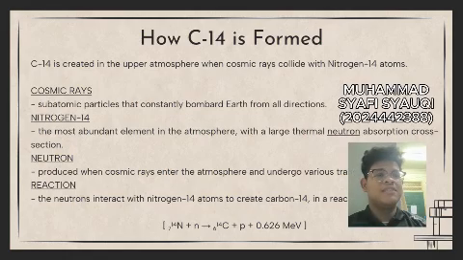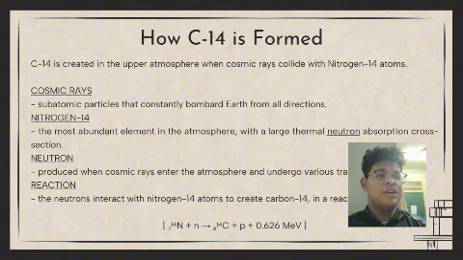How is carbon-14 formed? Carbon-14 is created in the upper atmosphere when cosmic rays collide with nitrogen-14 atoms. Cosmic rays are subatomic particles that constantly bombard Earth from all directions. Nitrogen-14 is the most abundant element in the atmosphere, with a large thermal neutron absorption cross-section.